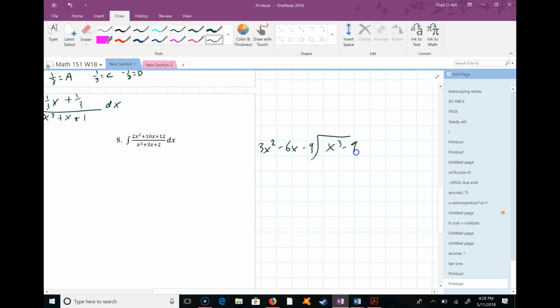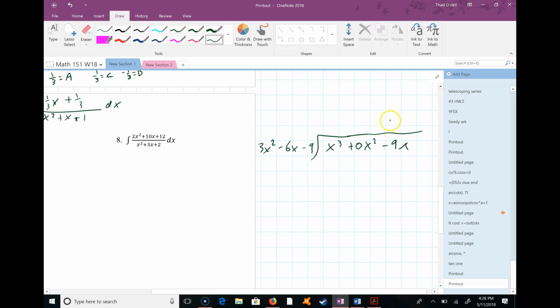Okay, so generally when we're doing this, we want to put in a plus 0x squared minus 9x. That way we can keep track of the missing terms. So we're going to say what times 3x squared equals x cubed, and we're going to put the answer over here.